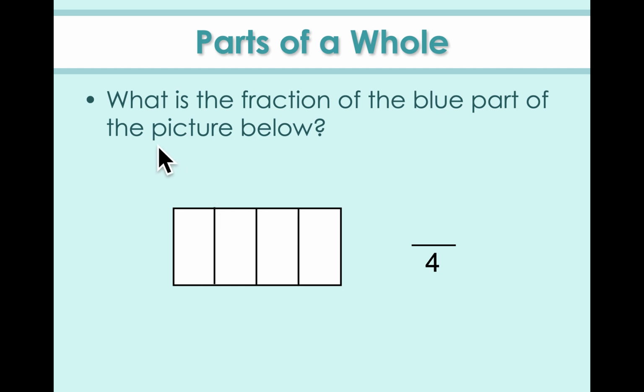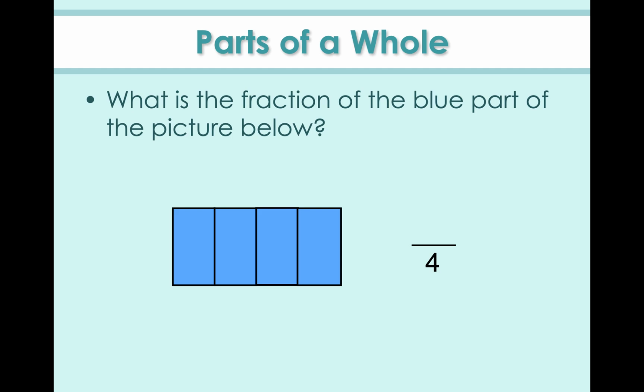Now for this picture, the question is, what is the fraction of the blue part of the picture below? So let's see. Looks like I've got 1 blue part. All right, so how many parts of this fraction are blue? Oh, looks like I have some more. And there's another one. And there's another one.